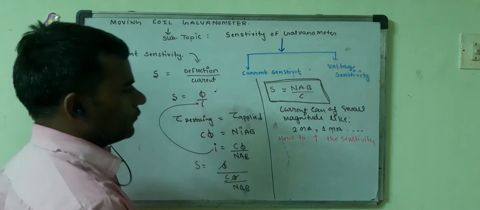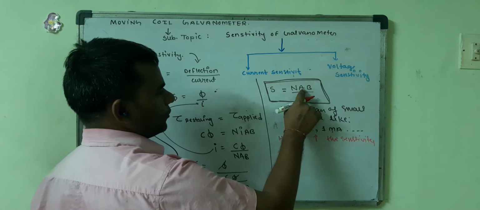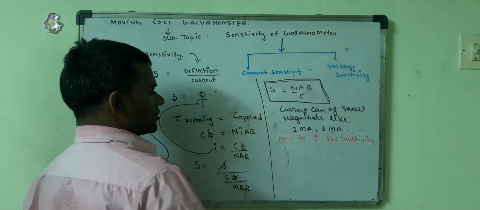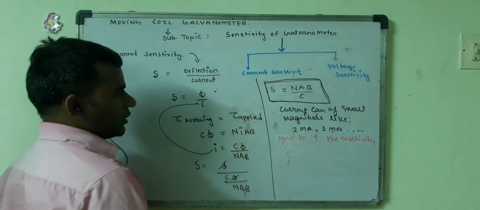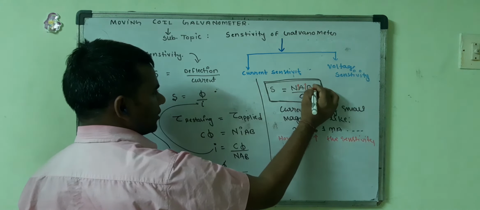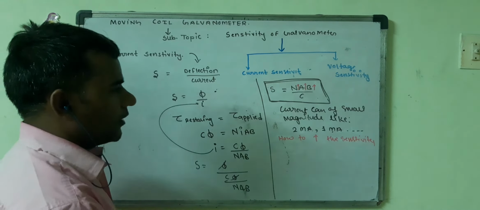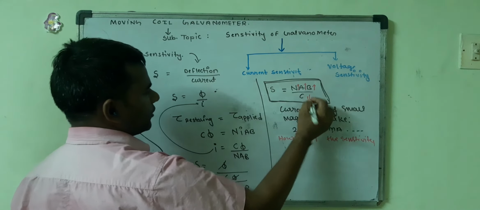We have four quantities here: number of turns, area of the loop, magnetic field and torsional constant. We can increase these three quantities because they are directly proportional, and this one we should decrease. That only we can do.